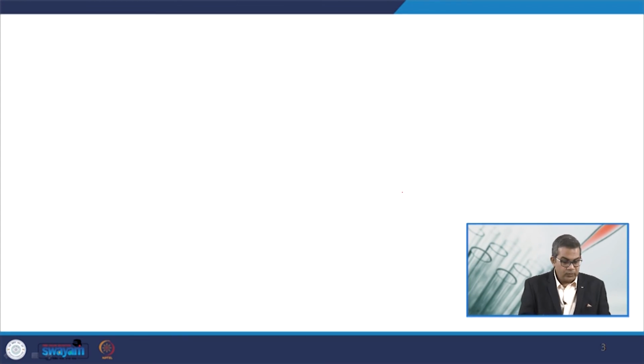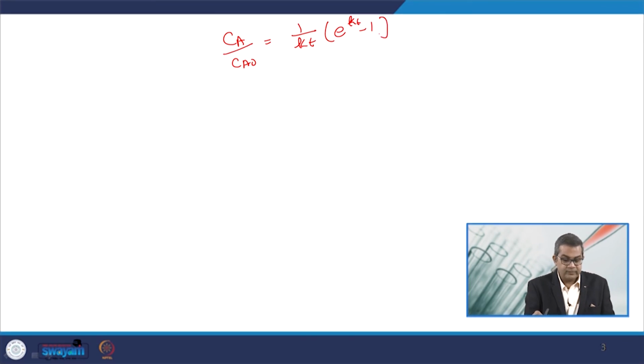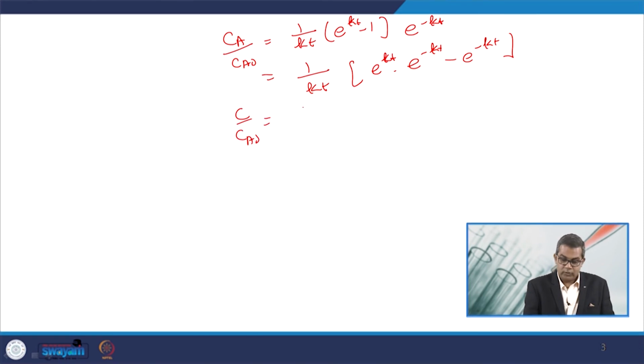Now further, if we go on carrying out this rearrangement, then CA/CA0 is equal to 1/kt times (e to the power kt minus 1) e to the power minus kt, and this is equal to 1/kt times (1 minus e to the power minus kt).